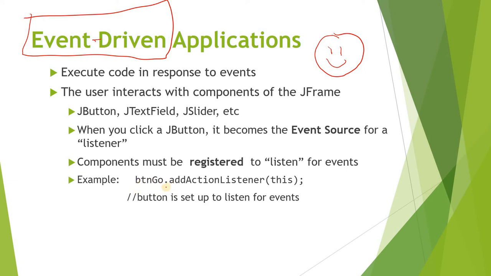Now, different components have different types of listeners. So a button adds what we call an action listener to the frame. And once you have an action listener set up, it's ready to listen for an event, and then we have to write code to handle the event.